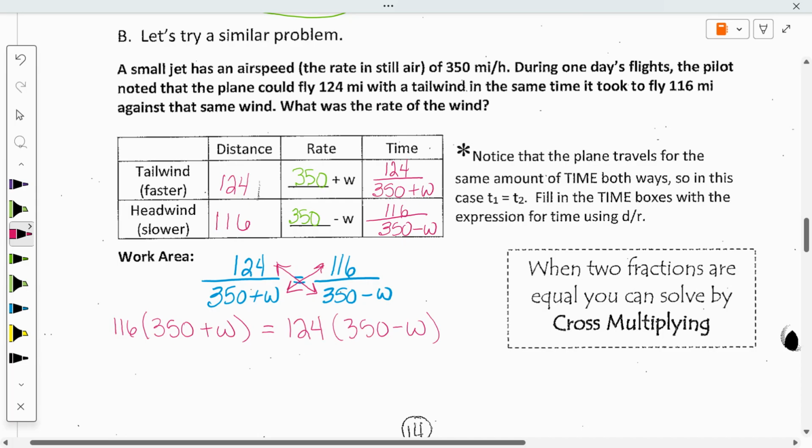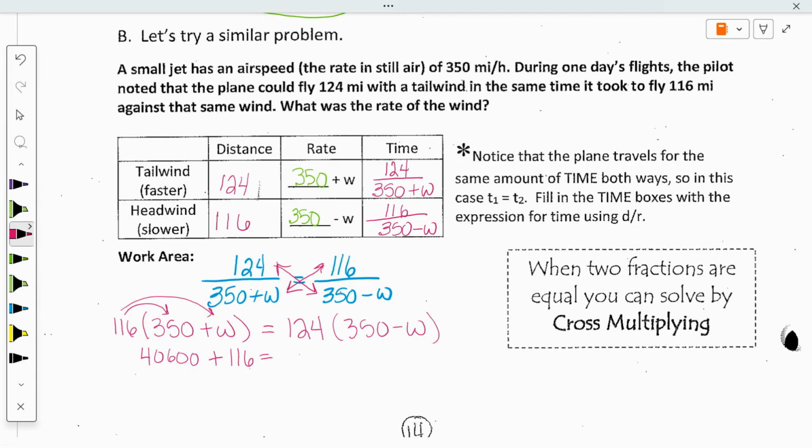Calculator bunny, what is 116 times 350? Don't everybody put it in there at once. 116 times 350. 40,600 plus 116W, because remember we're distributing, equals, what's 124 times 350?